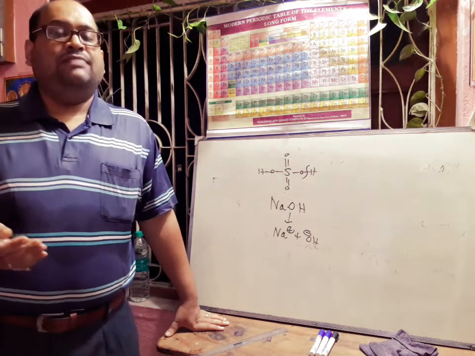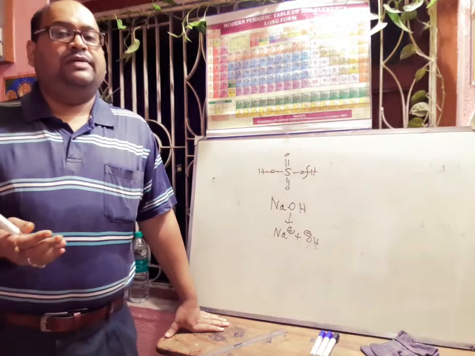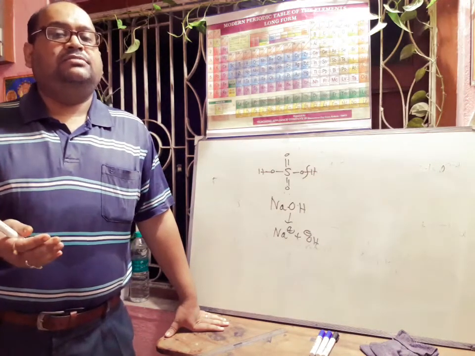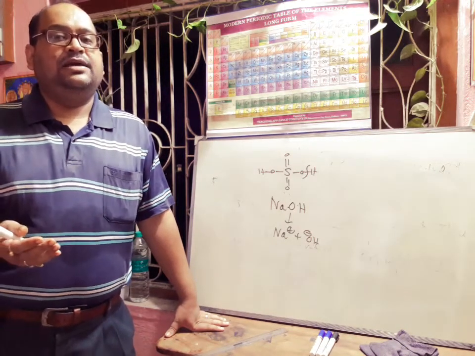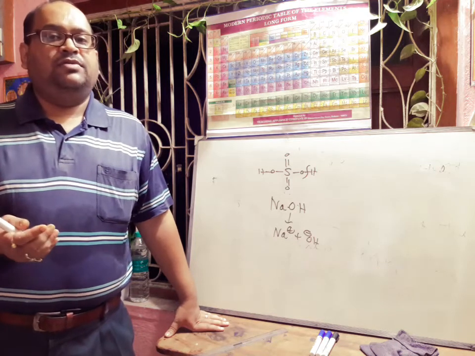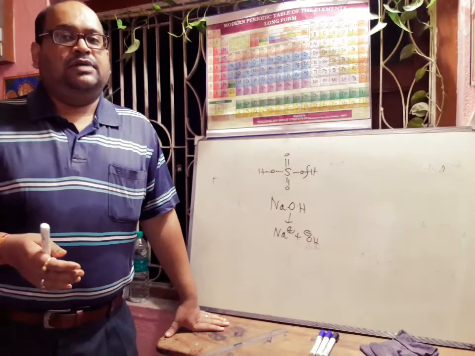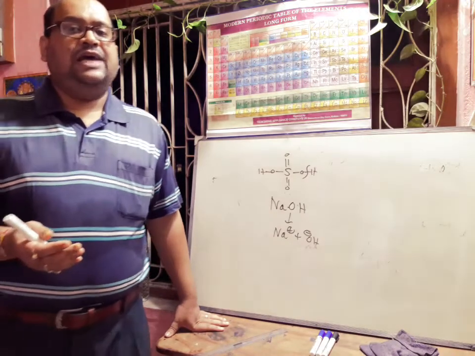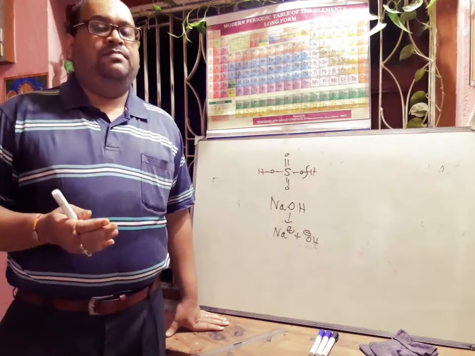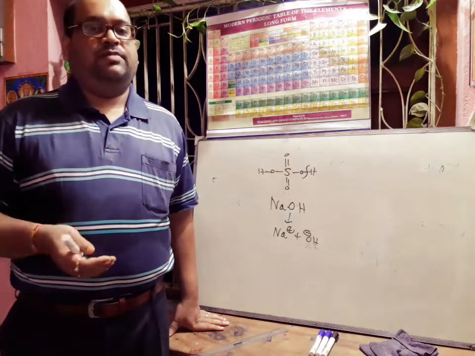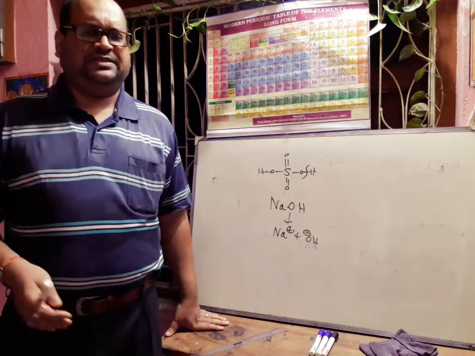Lithium iodide has sufficiently covalent character, and beryllium chloride is a covalent compound. But if we go down, the other members of these groups predominantly form ionic compounds. So definitely there is some difference.